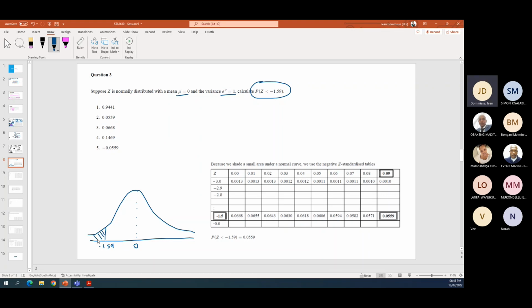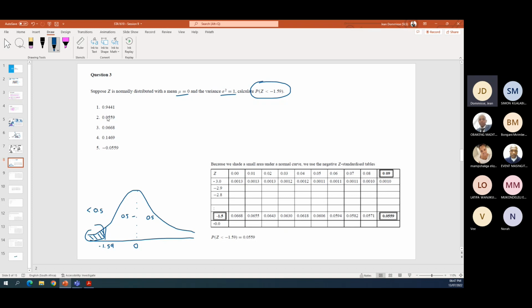So that tells me the total area, including that small part, will be 0.5. So this area needs to be smaller than 0.5. We don't know yet what it's going to be. We just know it's less than 0.5.